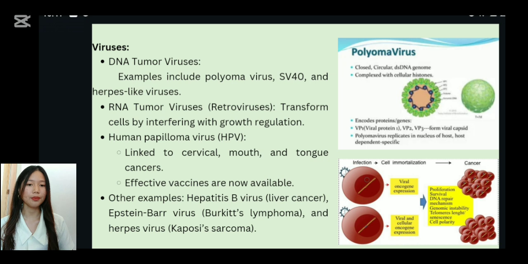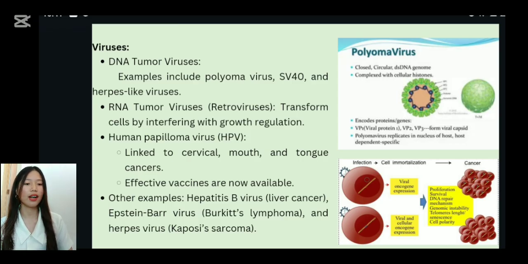So retroviruses, an example is HIV, can cause cancer by disrupting normal cell growth and regulation. Then another example is human papilloma virus, or HPV, a major cause of cervical, mouth, and tongue cancer.